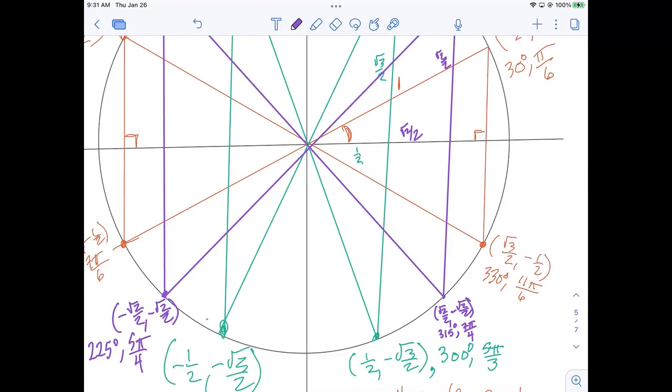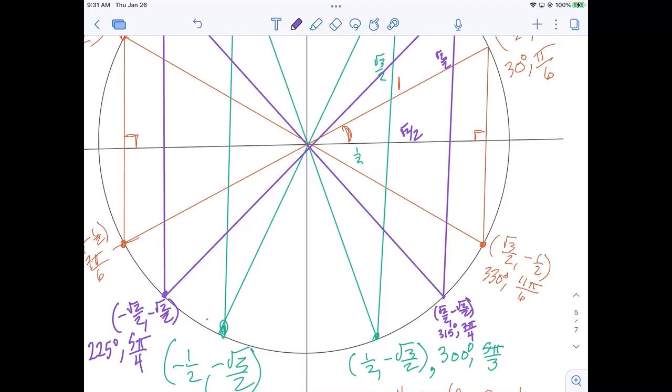Nice. What would the tangent of 5 pi fourths be? 1. Because it's y over x. Y over x. They are exactly the same. Negatives divide out to give you 1. Good. What's the secant of 225 degrees? Wait, that just sounded weird.